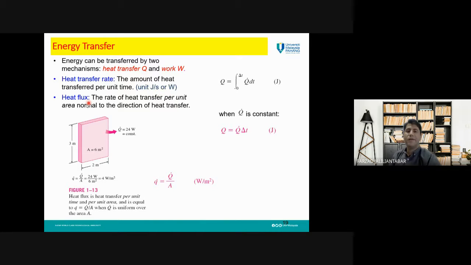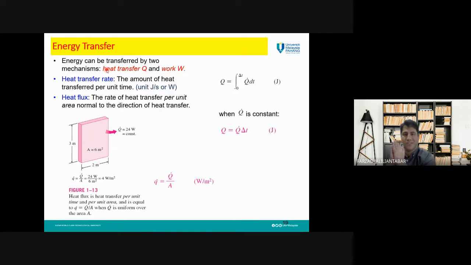And the other definition is heat flux. The heat transfer is Q, the amount of energy transferred. The heat transfer rate depends on the duration of this heat transfer, the Q. The other important thing is heat flux, which is how much energy is transferred from a surface, from an area. Why is it important?